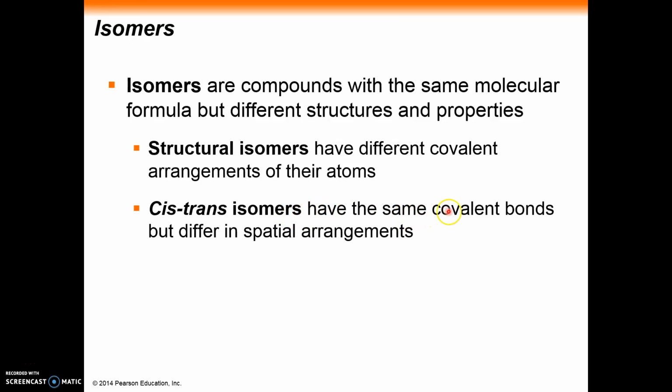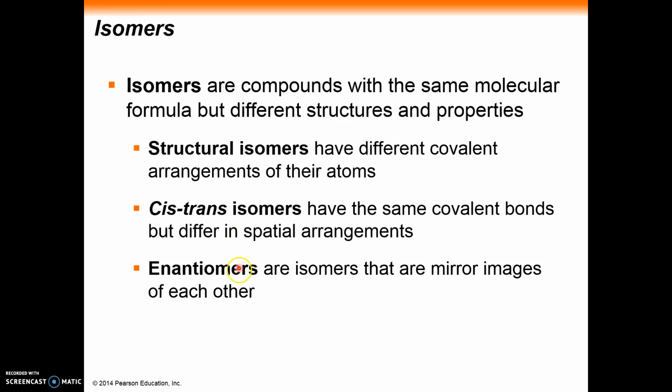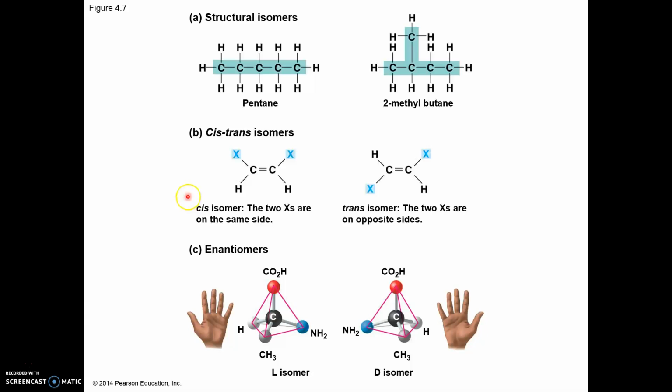This has the same covalent bond arrangement, but spatially its arrangement is slightly different. Third is enantiomers. These isomers are actually mirror images of each other, and that can have a very profound consequence. All right, so let's give you examples of these so you can kind of visualize.